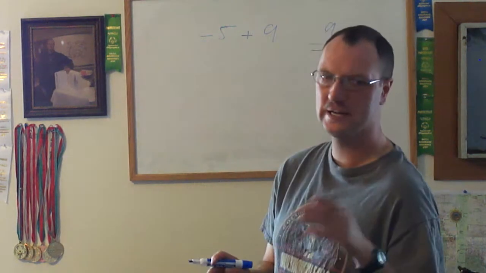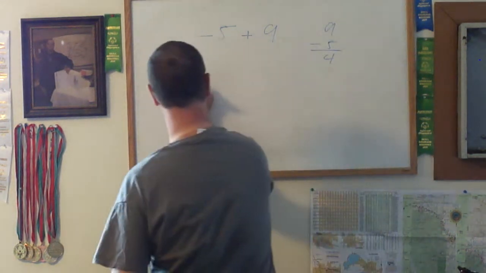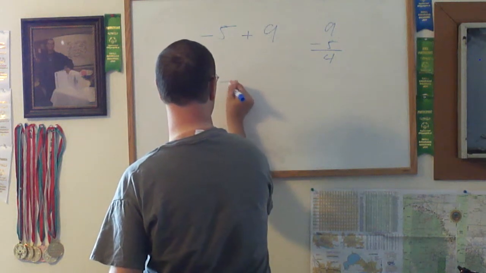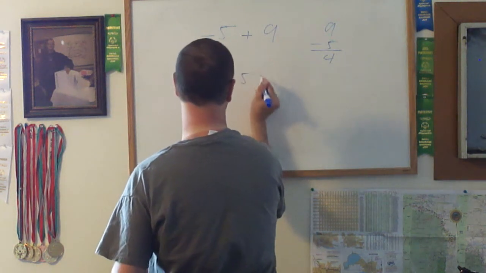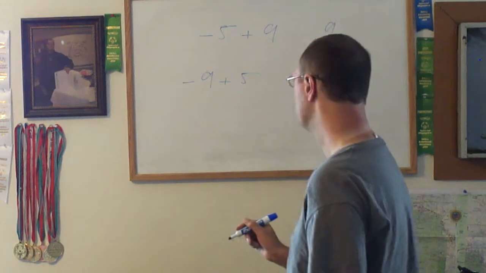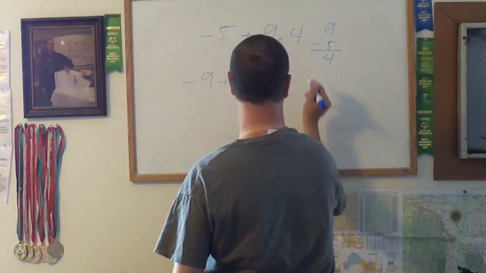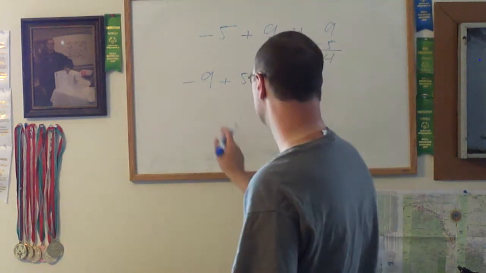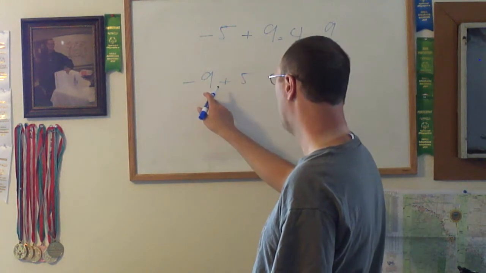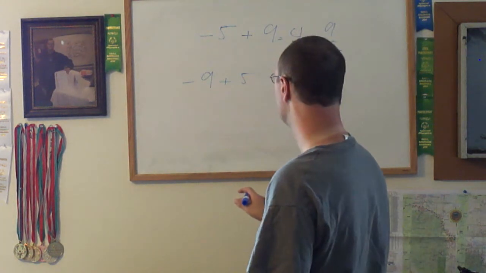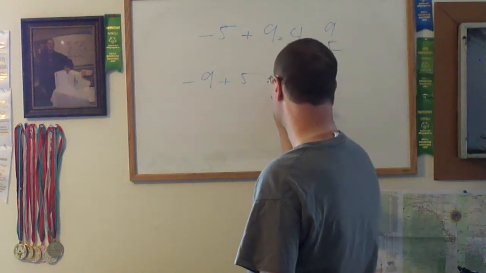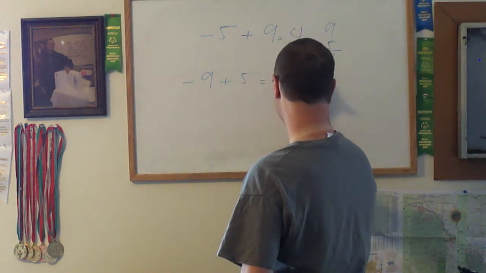But if I was to say negative 9 plus 5, this one is 4 again, but now the negative is a lot bigger, so it has to be negative 4.